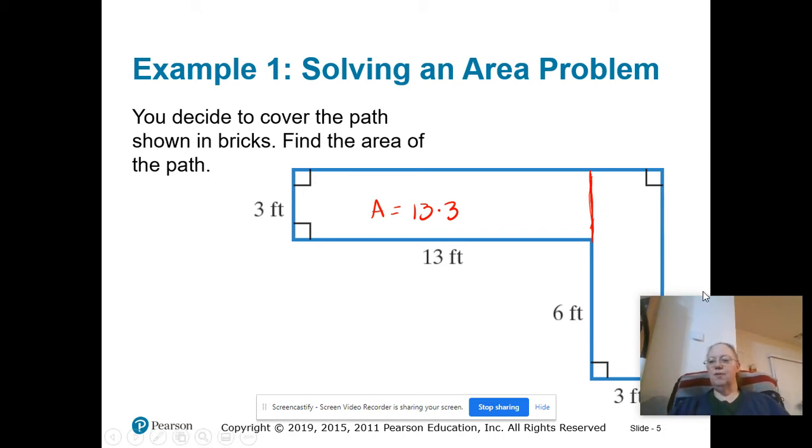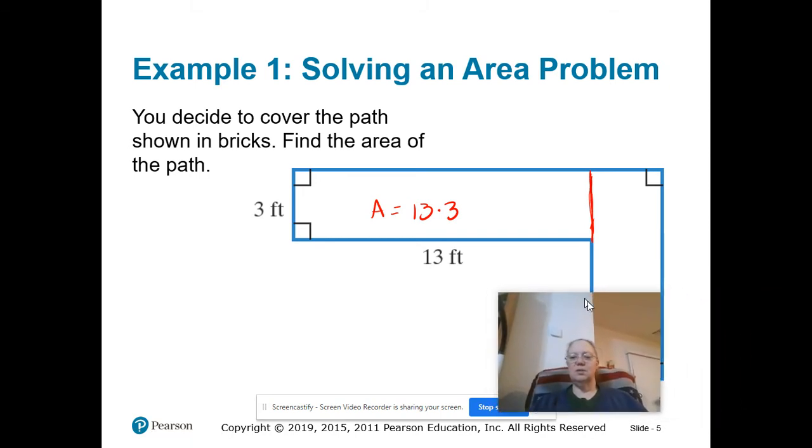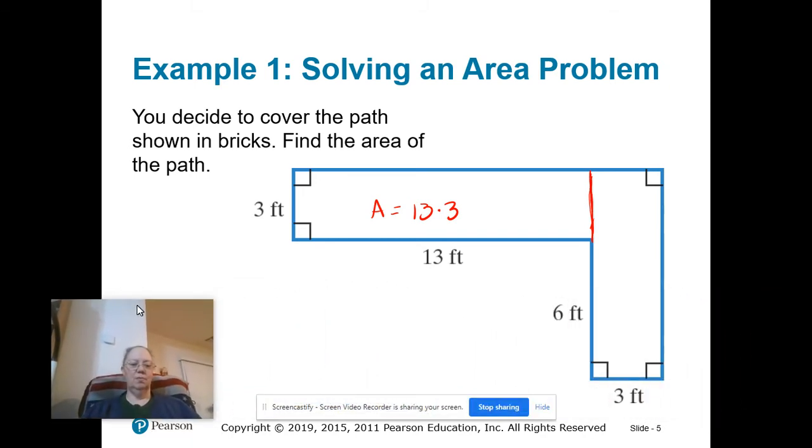Well, I know from here to here is 3, and I know from here to here is 6. What I don't know is this entire length right here. The question is, what is it from here to here?